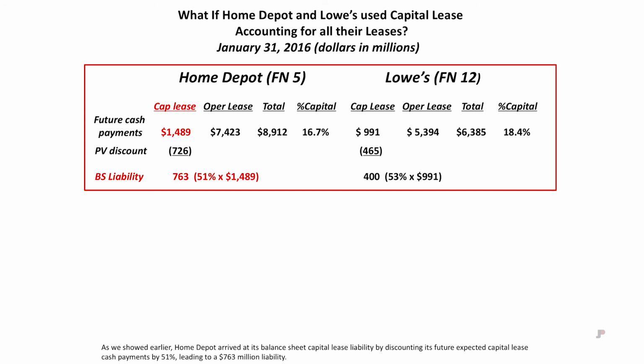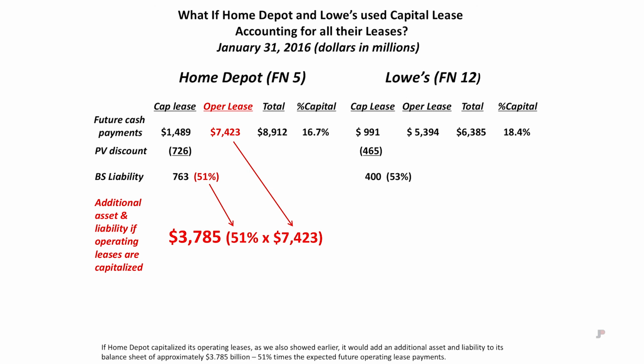As we showed earlier, Home Depot arrived at its balance sheet capital lease liability by discounting its future expected capital lease cash payments by 51%, leading to a $763 million liability. Lowe's discounted its future expected capital lease cash payments by 53% to create a $400 million capital lease liability.